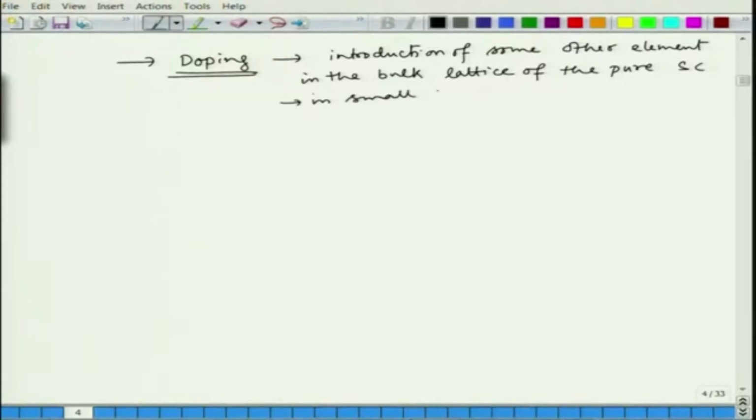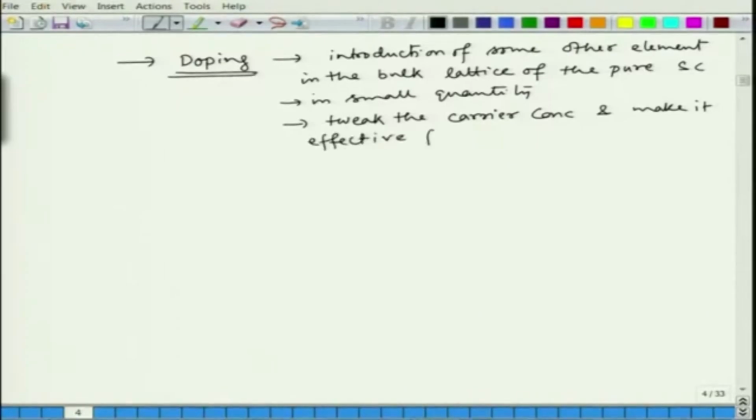You will see the numbers are really small, but the effect can be tremendously high in small quantity, and the reason for doing this is to tweak the carrier concentration value and make it effective for photovoltaic application.